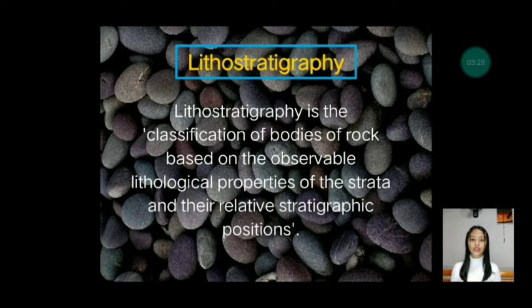So, now let's start to discuss the subfields of stratigraphy. One of these is lithostratigraphy. Lithostratigraphy is the classification of bodies of rocks based on the observable lithological properties of the strata and their relative stratigraphic position.